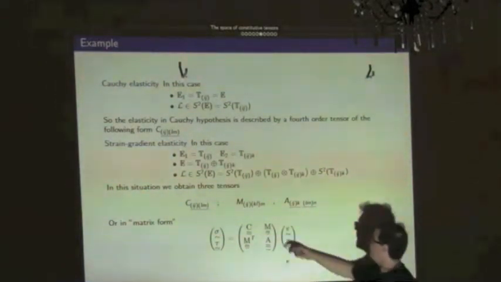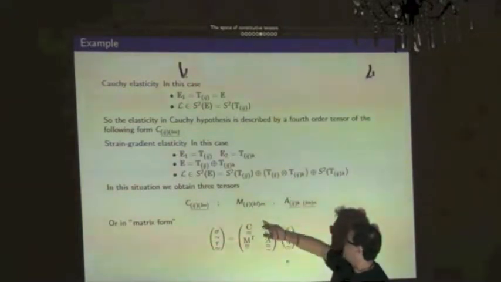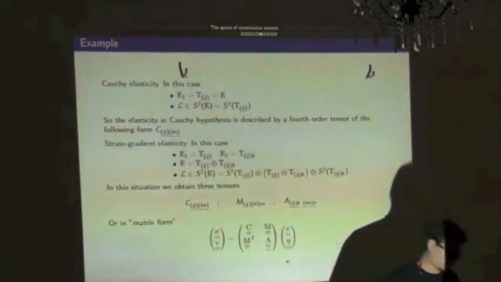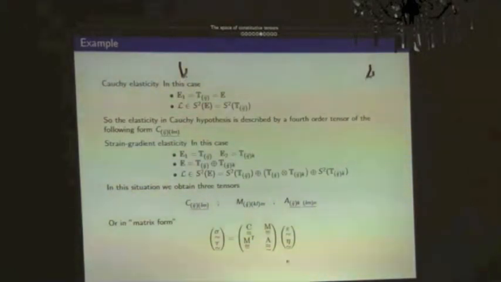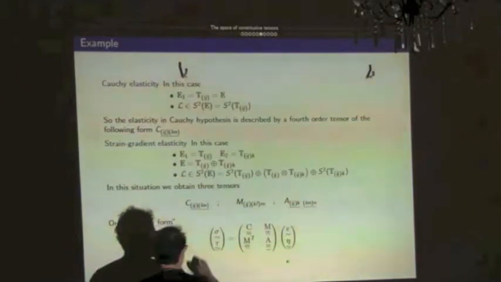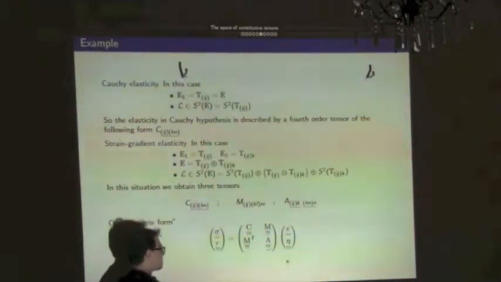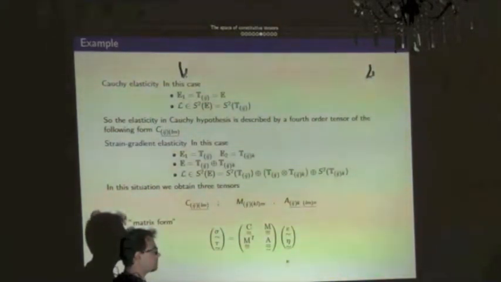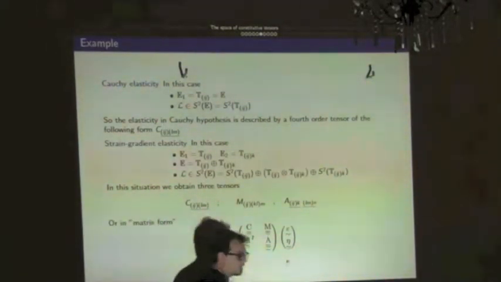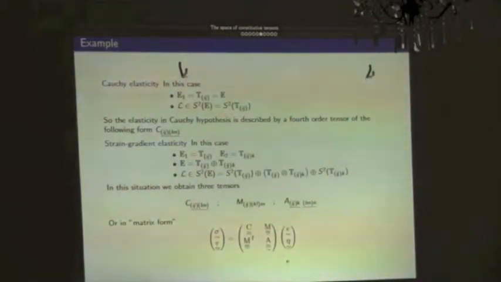And elements that belong to this space are in fact coupling elements of the constitutive laws that couple first order and second order phenomena. M here is responsible for those couplings. Indeed.